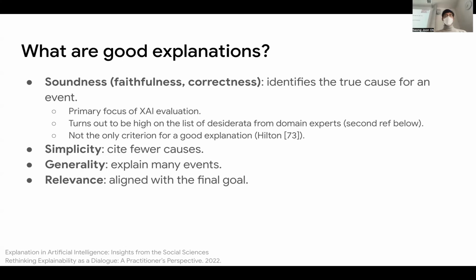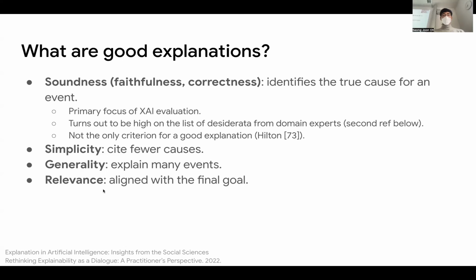So you need a good balance between what is true and sound, and what is simple and can be handled by humans. Generality here means the way you generate your explanation should work for many other events. If the way you generate your explanation only works for a few specific kinds of events, then your explanation is not good.